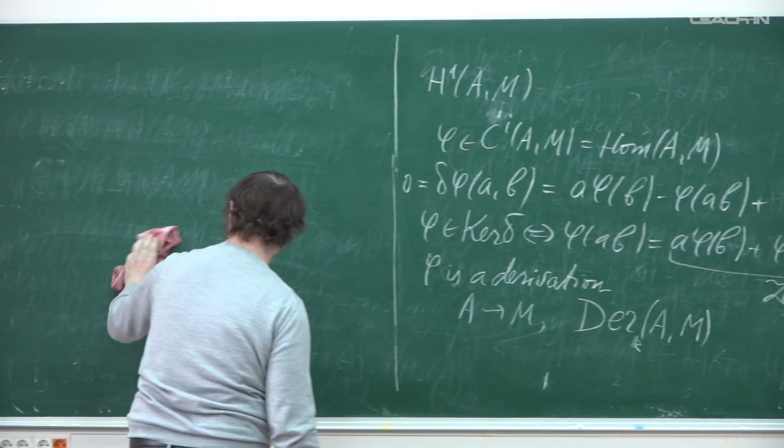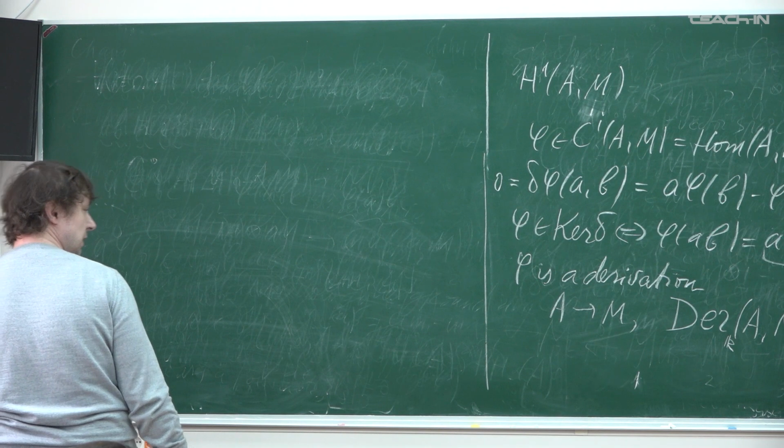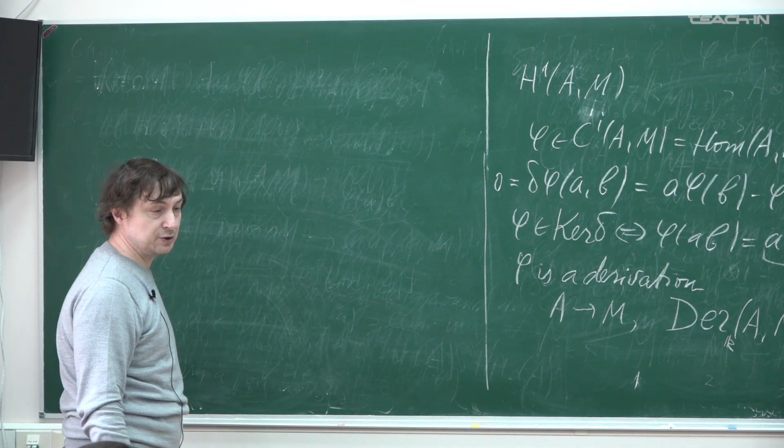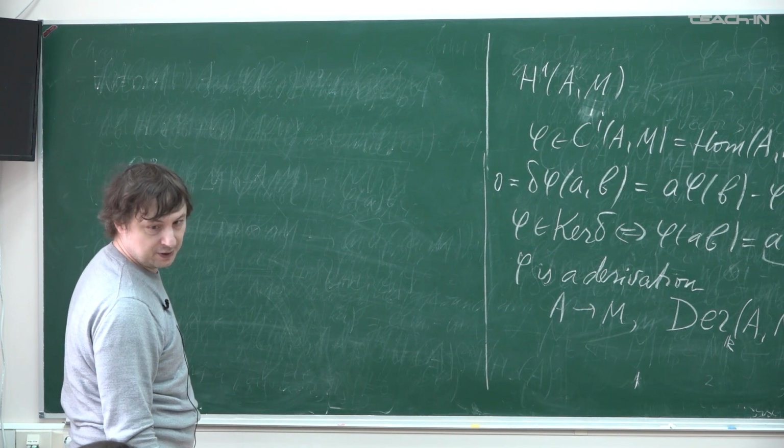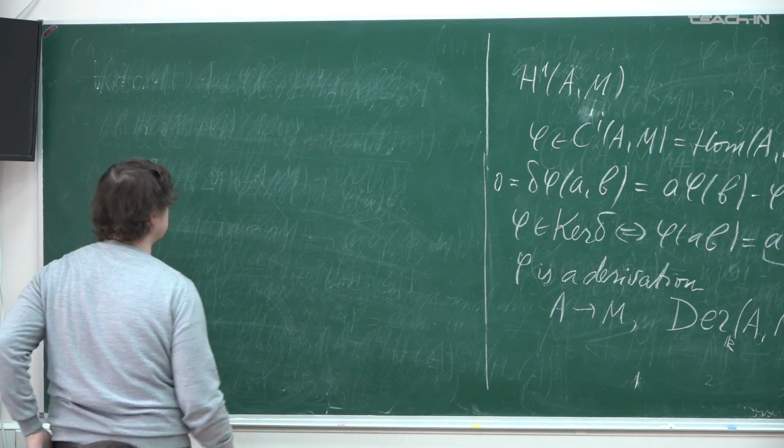In order to obtain cohomology, we need to quotient out the space of exact forms, right? So what are exact elements?